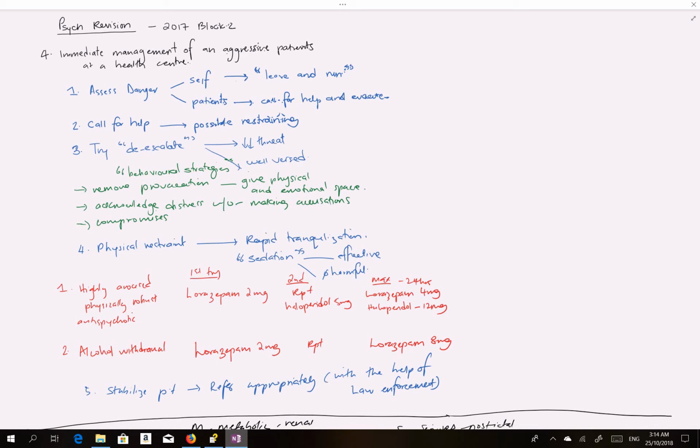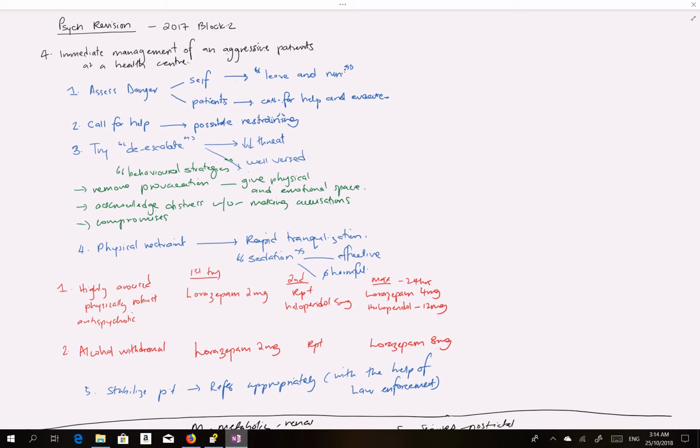So this is what I came up with. The first idea is to remove any provocation. If they are provoked by something, you could physically remove it, or if the patient is provoked by another patient, you could ask the other patient to go away. That gives the aggressive patient physical and emotional space.